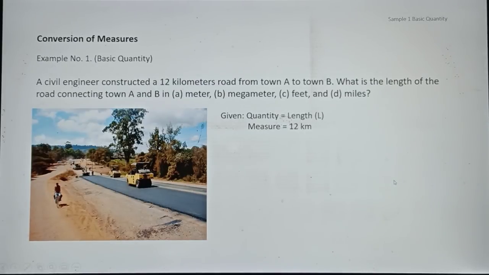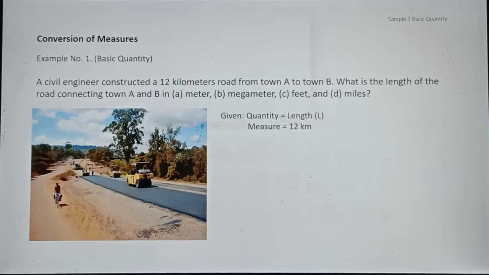The quantity involved in the problem is length. So keep in mind the units of measures of length. The measure of length given is 12 kilometers, which is the length of the road between towns A and B. It involves the prefix kilo.